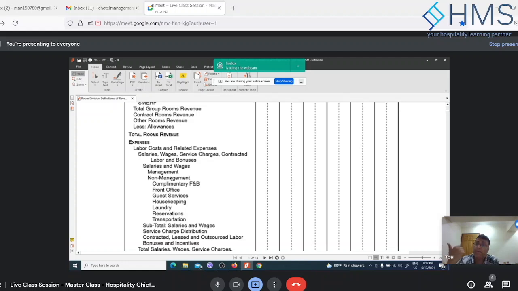So usually it will be segregated into complimentary F&B if the hotel has a lounge, which is providing breakfast or other evening snacks in the lounge. Usually, many hotels have standards, like Shangri-La has Horizon Club Lounge, Marriott has their own lounge, where the premium guests are going and having their breakfast and afternoon snacks or all day tea and coffee for free, right?